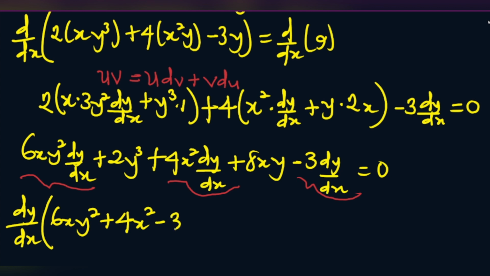So we have minus 3. Close the bracket. Equal to. On the other hand, what we are going to have will be all the terms that don't contain dy dx. So we have 2y cubed and 8xy. And when they are transferred to the other side of the equation, we're going to have minus into 2y cubed plus 8xy.